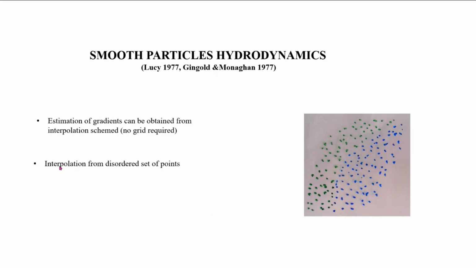The issue we run into here is interpolation from a disordered set of points. Then we can, of course, assume a random distribution and use Monte Carlo methods to get a continuous distribution, and so on. So we can put many concepts into this so-called smooth particle hydrodynamics system.